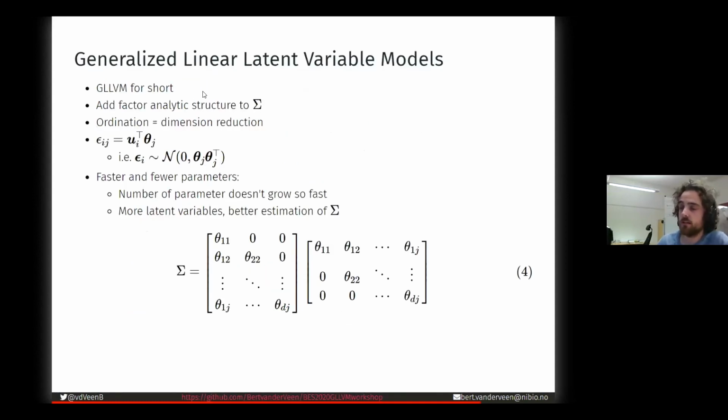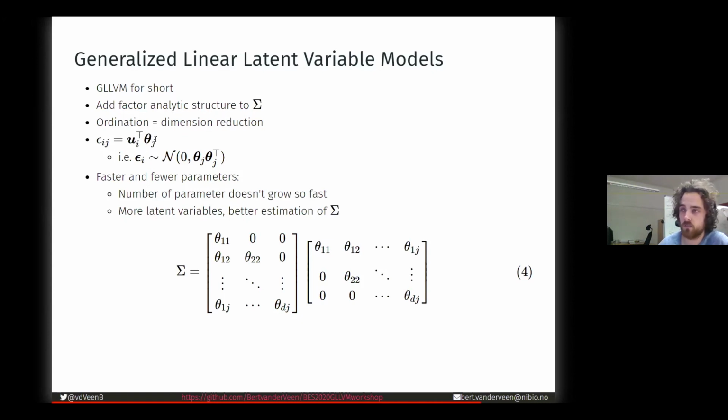So generalized linear latent variable models, GLLVMs for short. It's the idea that we're adding a factor analytic structure to this variance covariance matrix of the random effect, right? And that's an ordination, because ordination means dimension reduction in this case. Where compared to the mixed effects model before, we're now decomposing this residual per site per species into a site-specific component, a vector of site scores u, and a species-specific component theta.